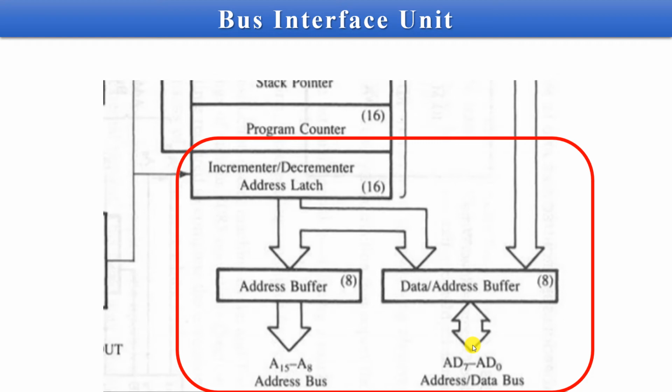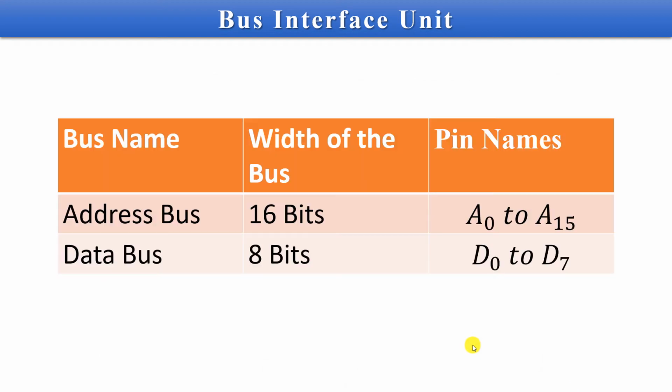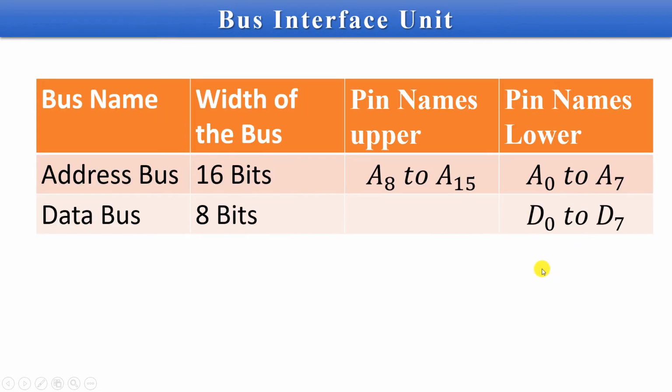When 8085 was being designed, at that time the technology was limited and we could only have ICs with 40 pins maximum capacity. Anyway, so the address and data bus is multiplexed over here. There are 16 address lines, A0 to A15, and there are 8 data lines, D0 to D7.